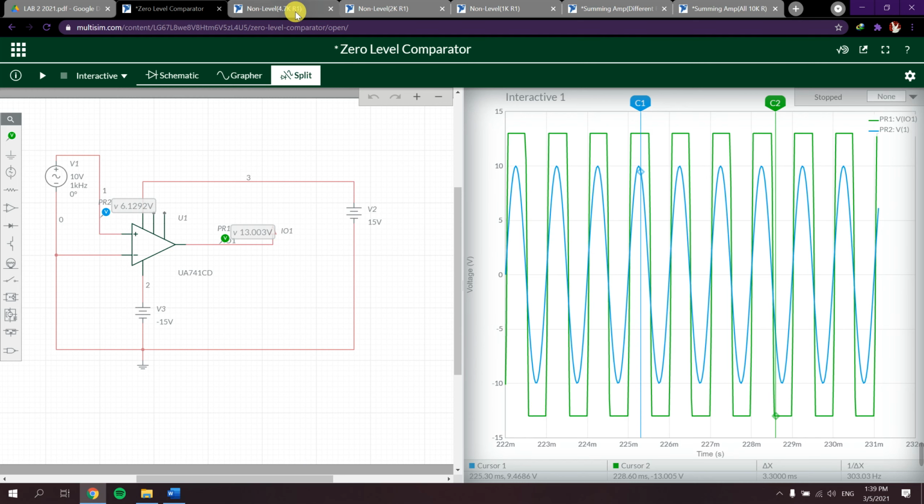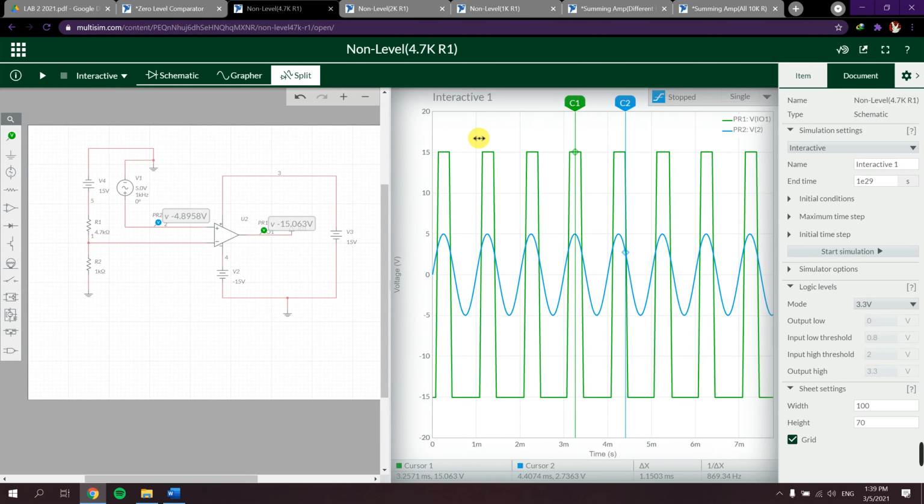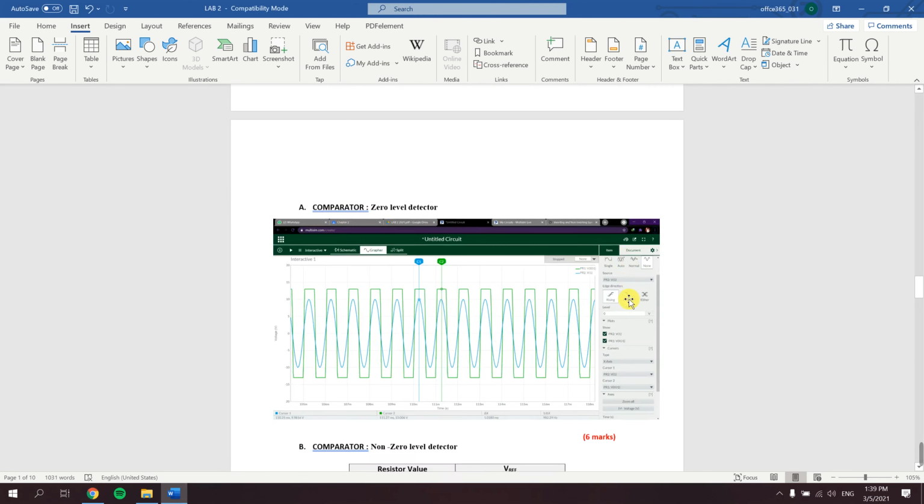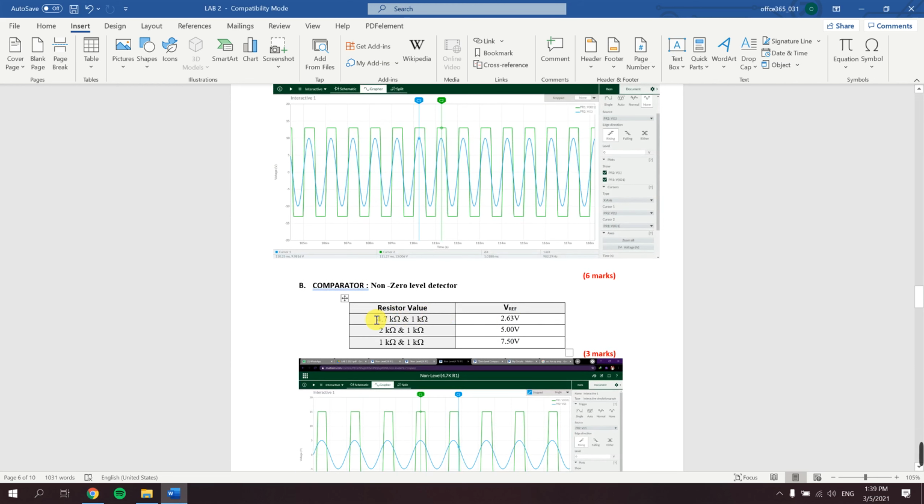So next is the non-zero level. For this, we have to calculate the voltage reference first. Like here, for 4.7 kilo ohms of R1 and 1 kilo ohm of R2, we have an RF of 10 ohms.